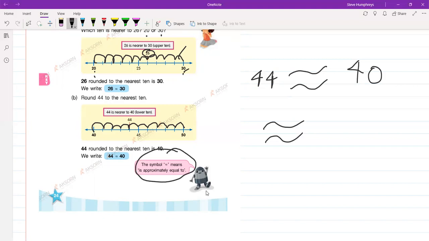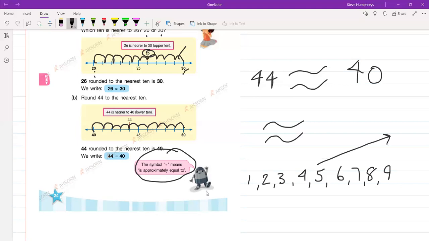So the way I do it, when you're rounding, you've got your numbers 1, 2, 3, 4, 5, 6, 7, 8, or 9. If the last digit in your number is 5 or higher, you round it up, okay?